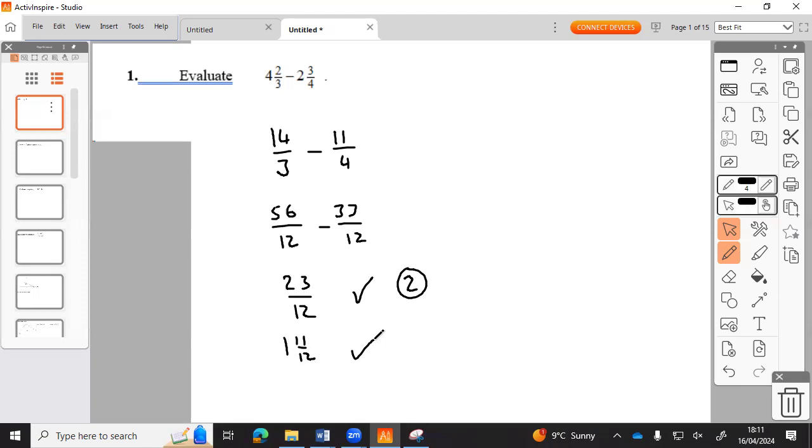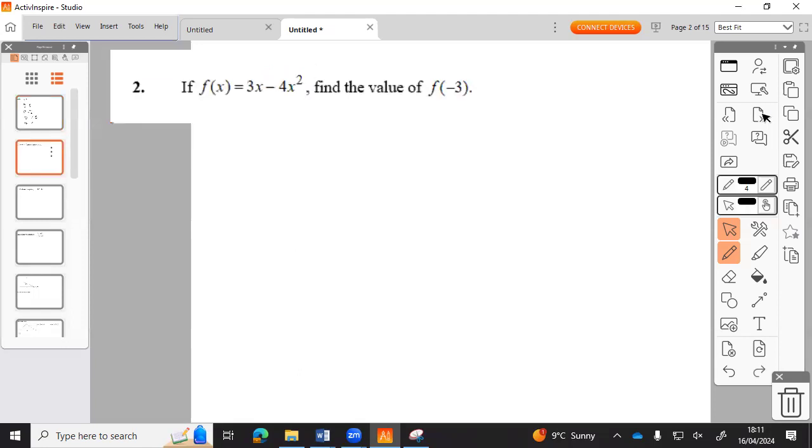Okay, if I jump forward pretty quickly, give me a wee shout. These should be quite nice. Okay, so these functional notation ones, we've got f bracket and we've got the -3.